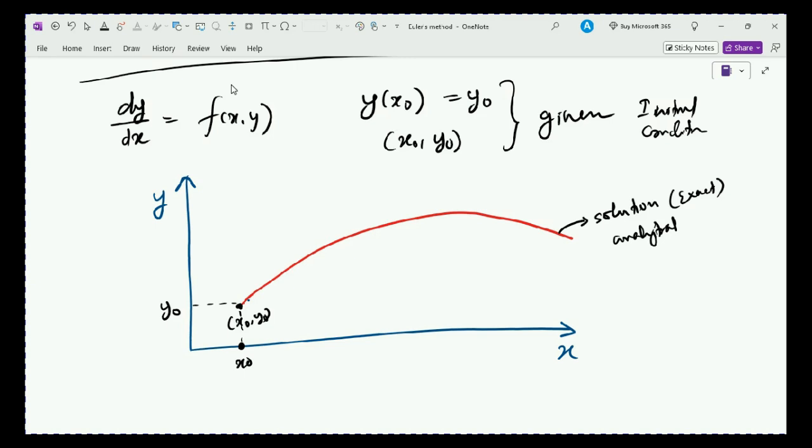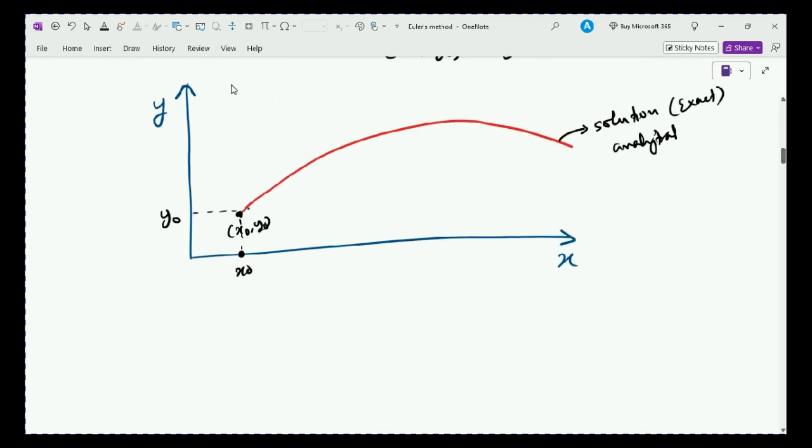So now we proceed like this. We have dy by dx is f of xy, and we also have the initial condition x0 y0.